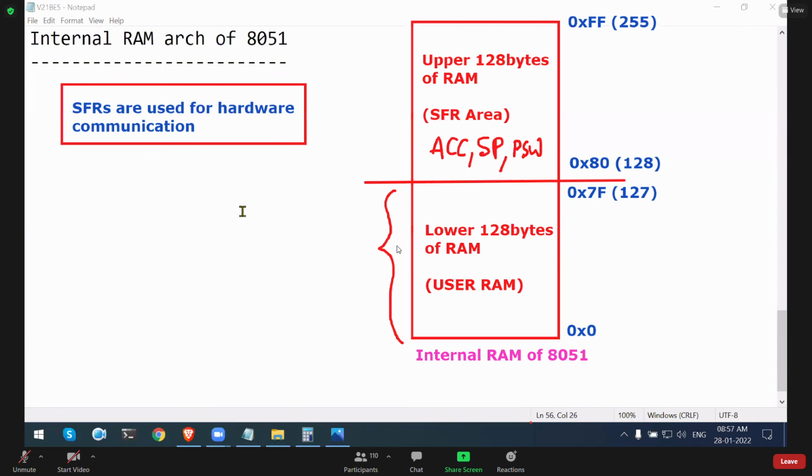If you want to communicate with the IO pins, the UART, or the interrupts, for all hardware related operations, we use SFRs. In the C language, there is no predefined function to communicate with the hardware. All the special function registers are available in this area, which is why it is called the SFR area.